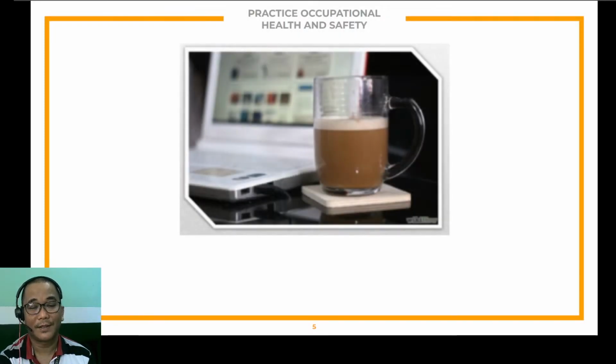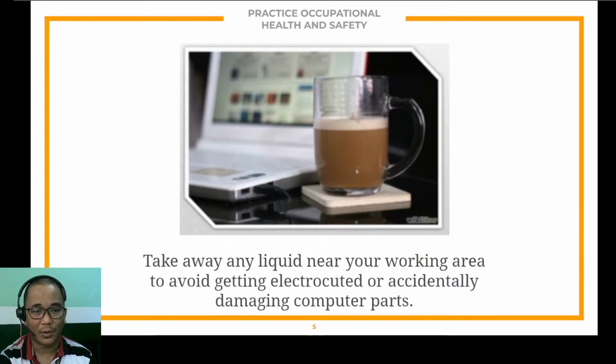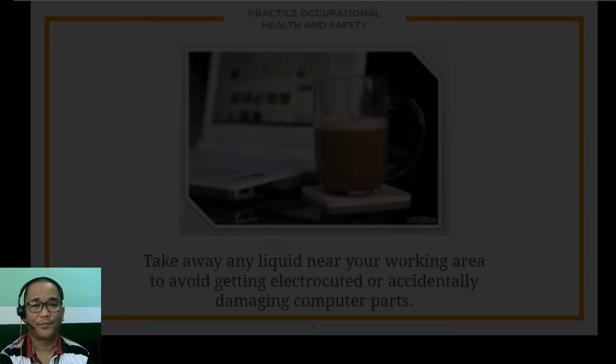Okay, the next one. Always take away any liquid near your working area to avoid being electrocuted or accidentally damaging computer parts. Sometimes we cannot avoid accidents. Accident is always there, so it's better to be safe than sorry. So take away any liquid within your working area.